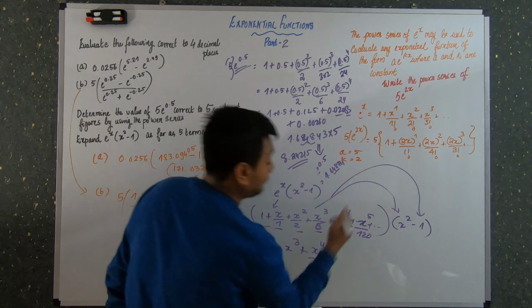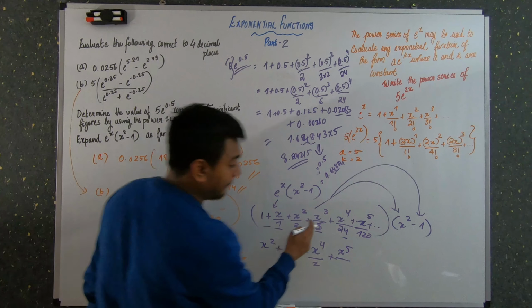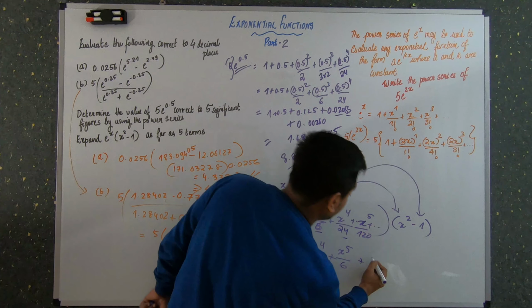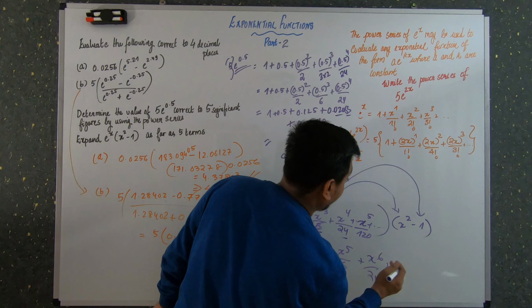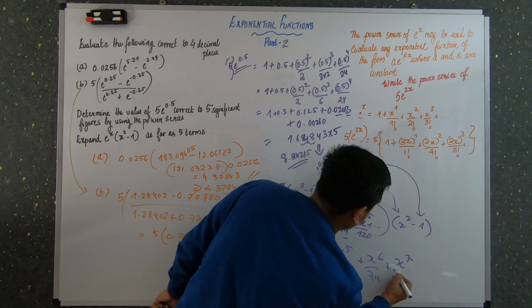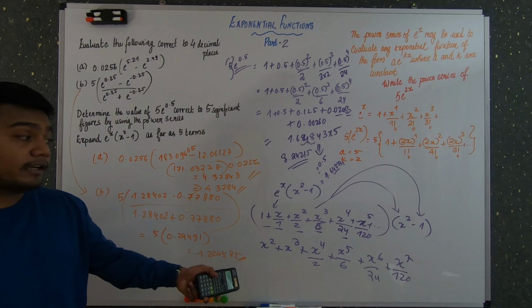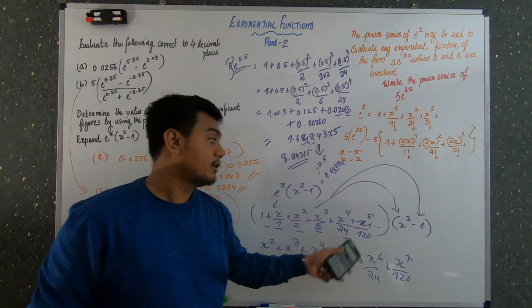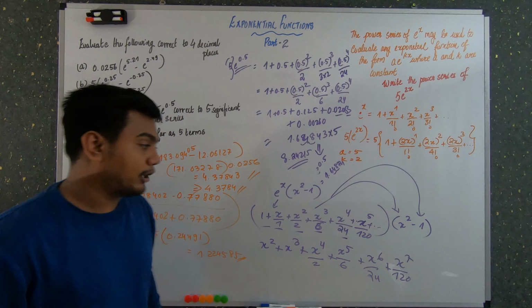Here x raised to 5 by 6, right? Here x raised to 6 by 24. Here x raised to 7 by 120. Am I doing right? I'm just multiplying all these terms with x square. So x raised to 5 by 120 into x square is x raised to 7 by 120.